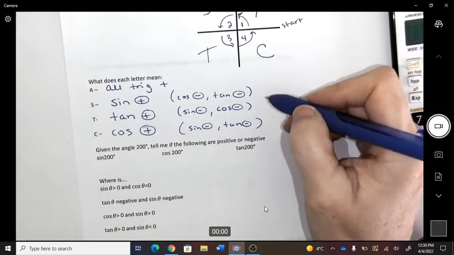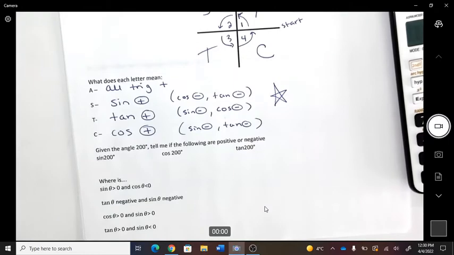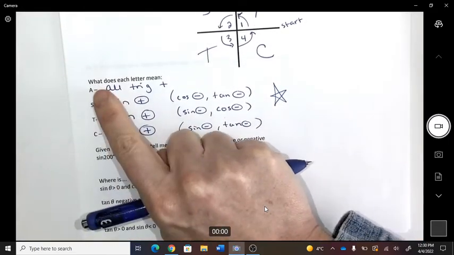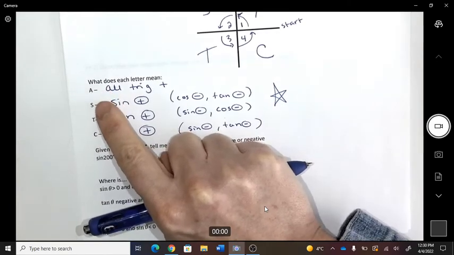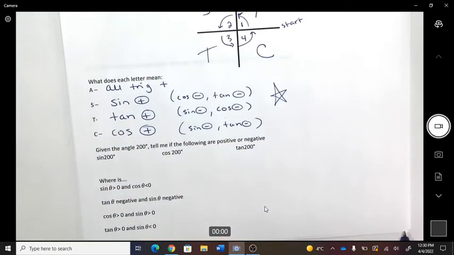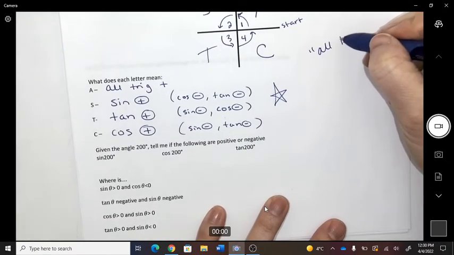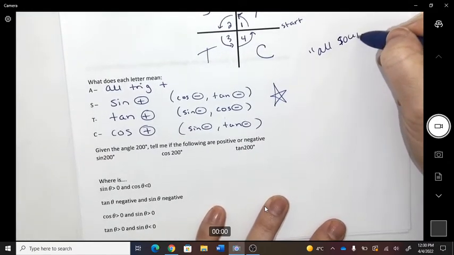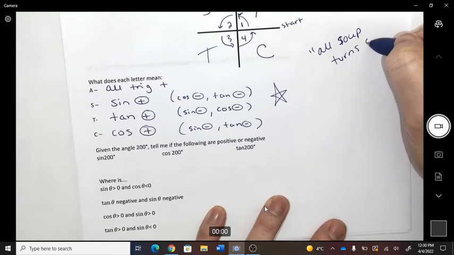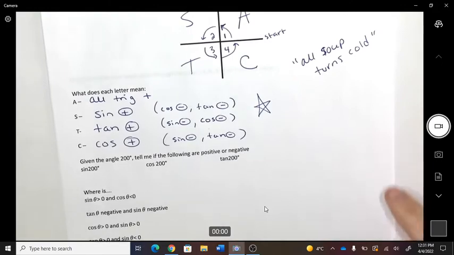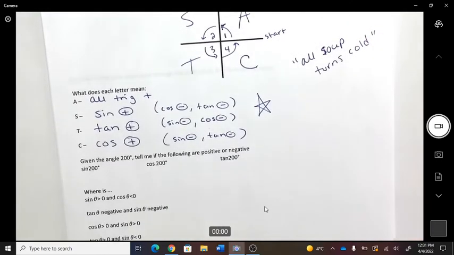So this needs to be memorized, and if you want to think about those letters, this is something silly. All soup turns cold. If that helps you remember. So if you forget it, try to remember that little jingle. All soup turns cold. ASTC.